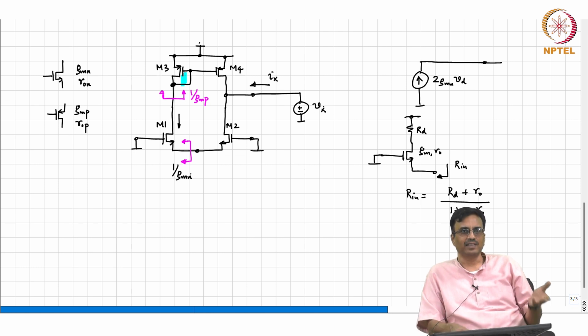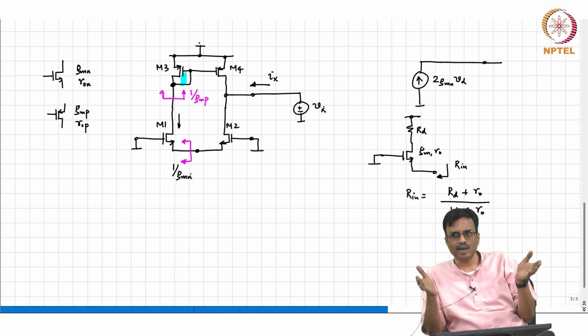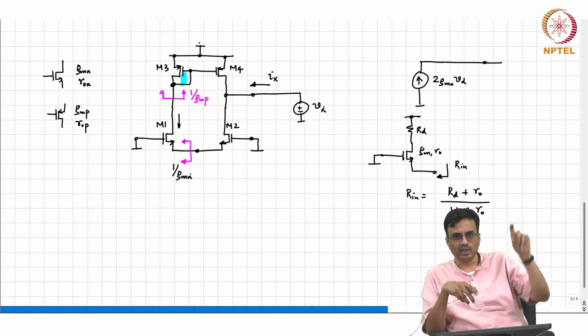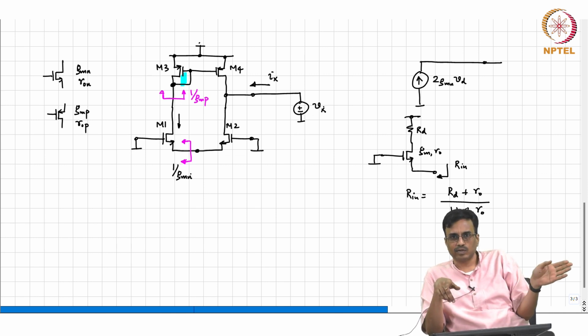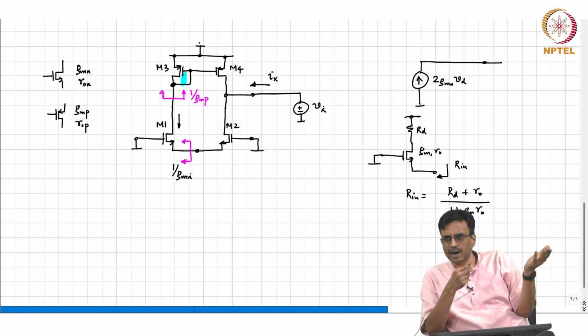This is exactly the same argument we made when we did the Norton equivalent. We said even though the circuit is actually asymmetric, for all practical purposes we can assume that the common source point has 0 potential, because the looking in impedance on the left side is approximately 1 over GMN, which is what we would have got if lambda n was 0, correct.